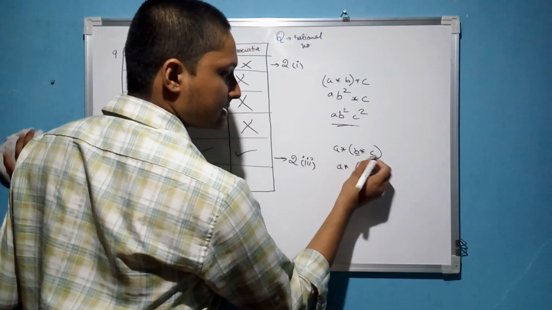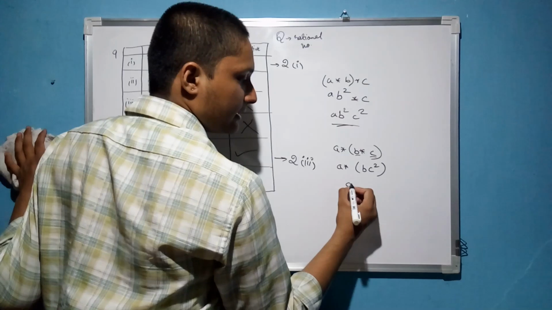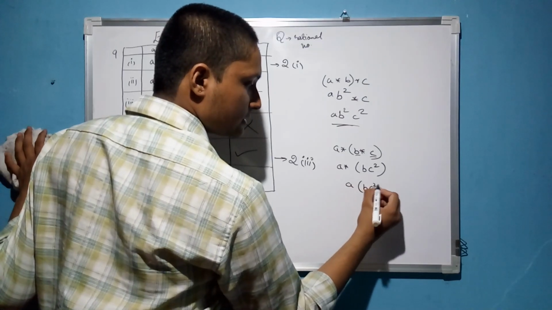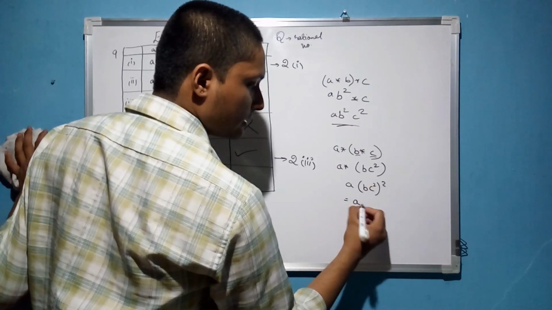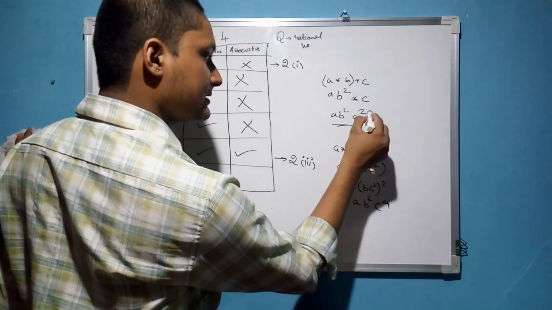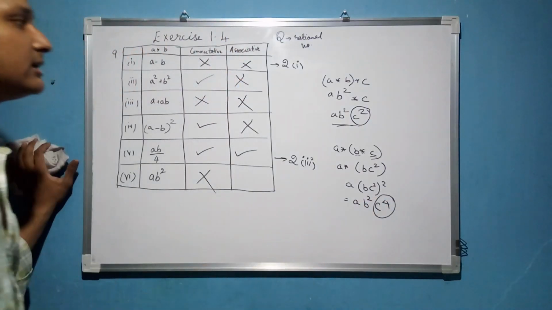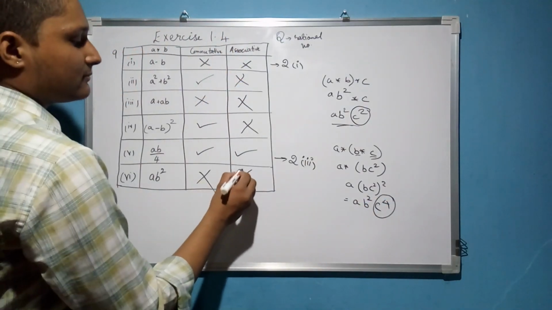This is first, this is second in this case. So now again you are going to do first into second square, a into b c square whole square, that comes to be a b square c raised to 4. Here you have c square, here you have c raised to 4. That is the only difference over here. That means that it is not associative.